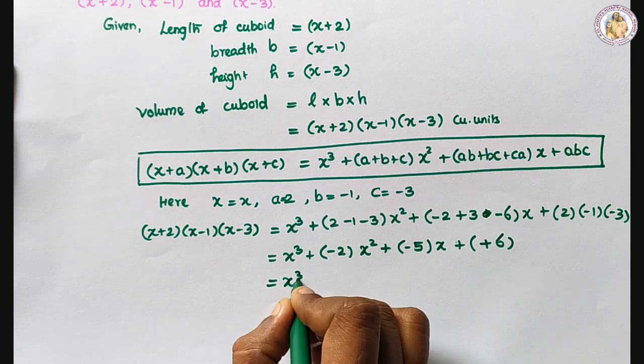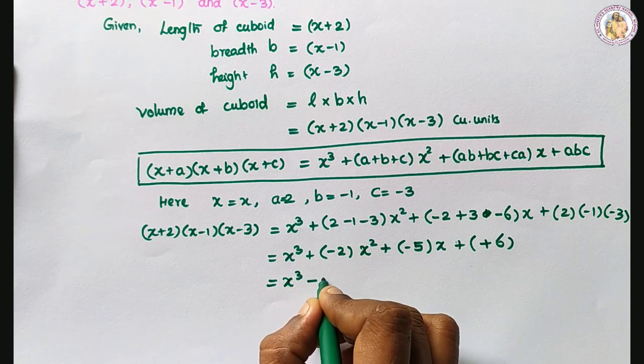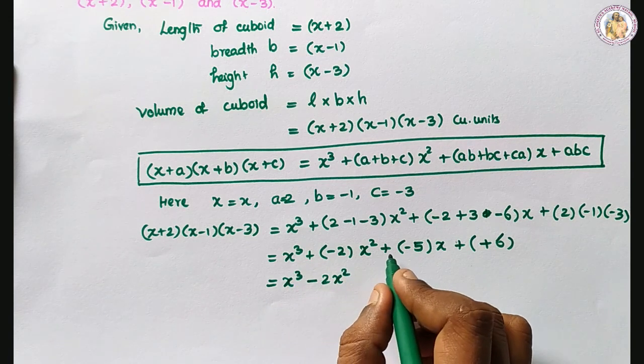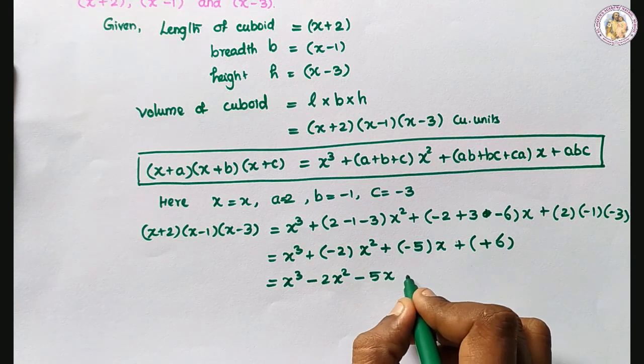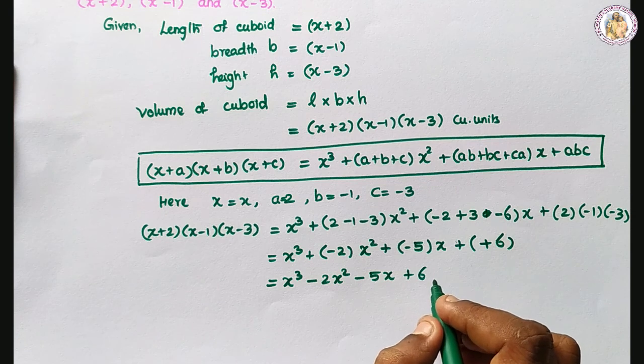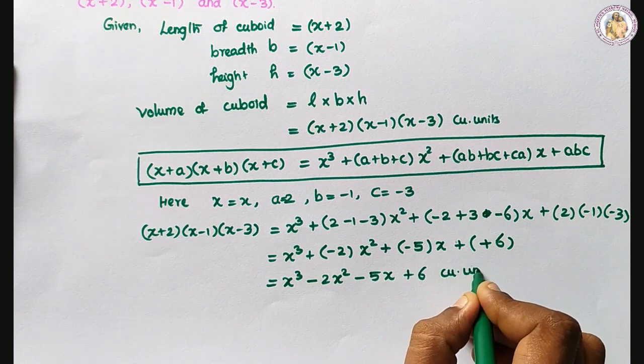Now x cube plus into minus minus 2x squared plus into minus minus 5x plus into plus plus 6, that is cubic units.